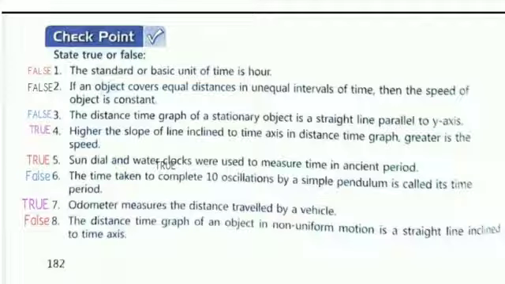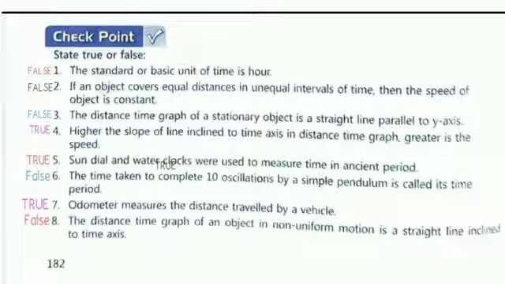Second, if an object covers equal distance in unequal interval of time, then the speed of the object is constant. This is also false, because equal distance in equal interval of time is uniform motion, and unequal distance in equal interval of time is non-uniform motion.